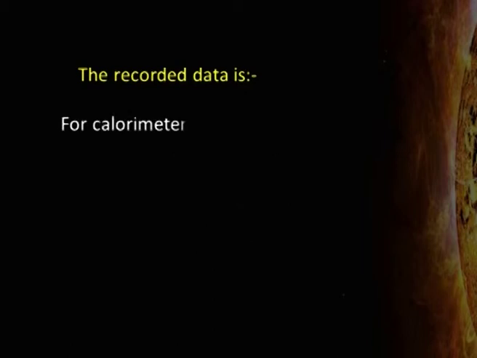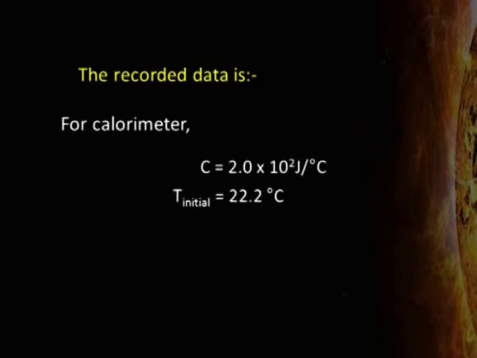And for calorimeter, heat capacity of the calorimeter is equal to 2.0 into 10 to the power 2 joules per degree Celsius. Initial temperature is equal to 22.2 degrees Celsius and final temperature is equal to 32.4 degrees Celsius.